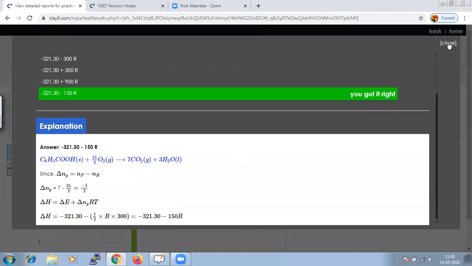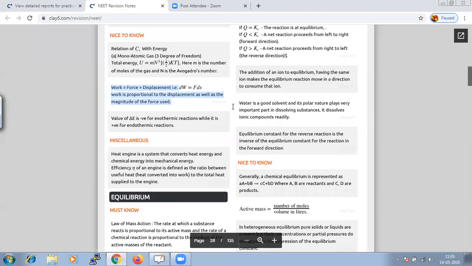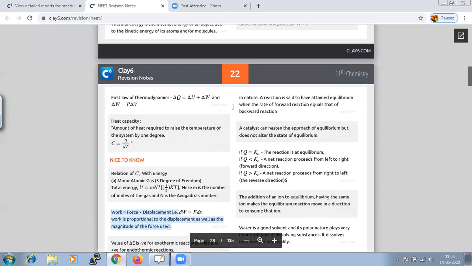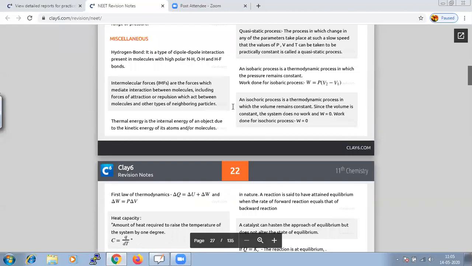So you could go through each question wherever we have gone wrong, and you can get a clear explanation about the answer as well as the formula being used. And the revision notes will help you simplify your work to do a quick revision for the chapter. And I repeat once again, thermodynamics is a very important chapter, so do prepare well.